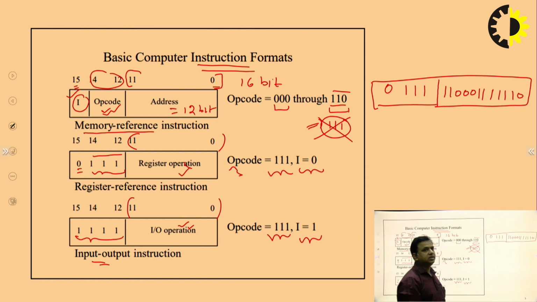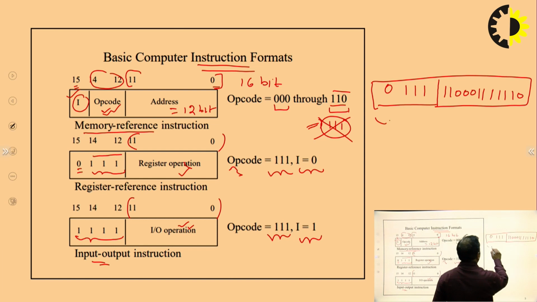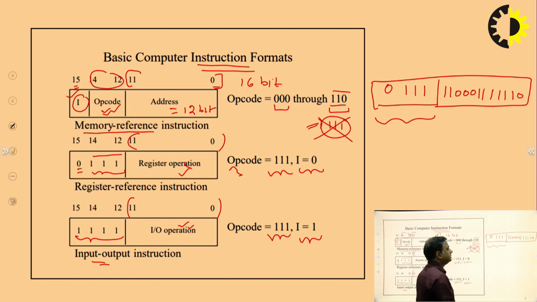Now my question is which instruction it is, whether this is a memory instruction, or a register related instruction, or an input output type instruction. Just by seeing the last 4 bits, I can distinguish whether this is register, memory or input output, right.